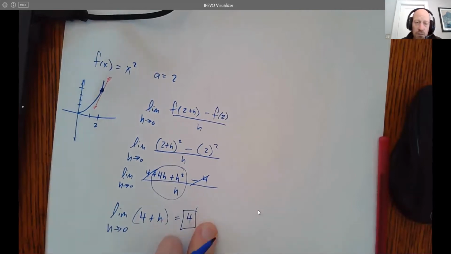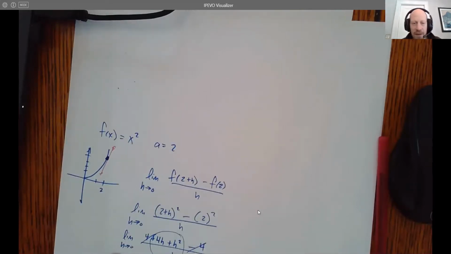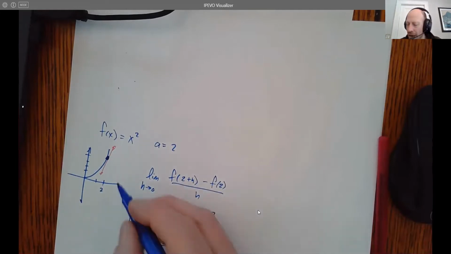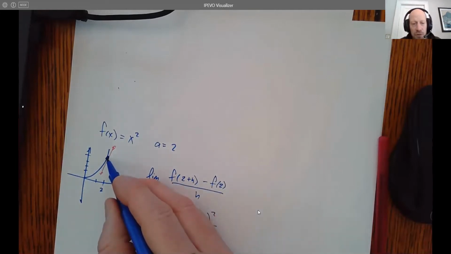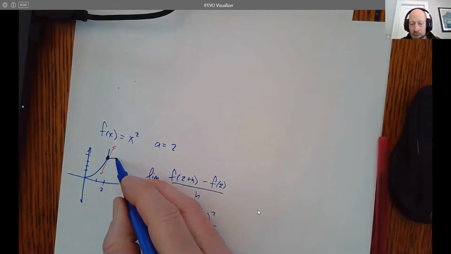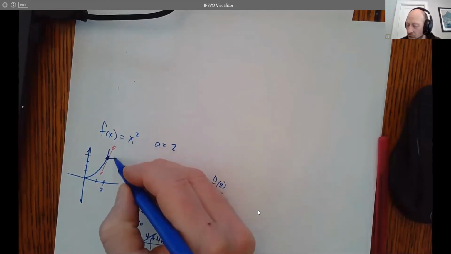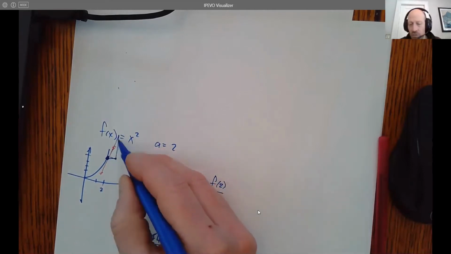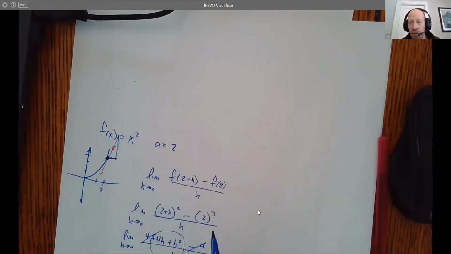And it's a little hard to tell from my decidedly mediocre graph, but it certainly seems reasonable that the slope of this line might be something along the lines of 4, the rise over run. It's certainly a fairly large positive value, and it turns out that matches exactly with what we calculated.